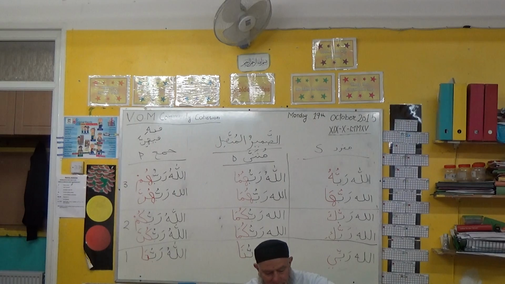Min, ni, minni. So let me go over it again. For the first person, male and female, attached pronoun ya, the word to which the ya is attached must be made to end in kasra, to which a vowelless ya is added. So rabbi. Okay. Now the exception to this is a word like alayya.